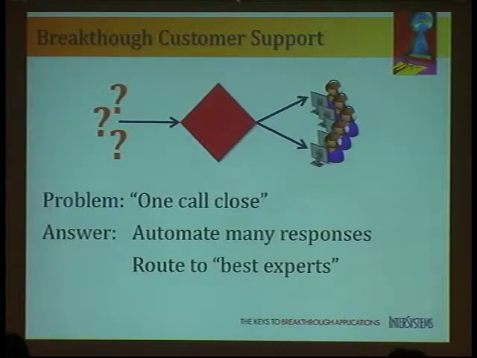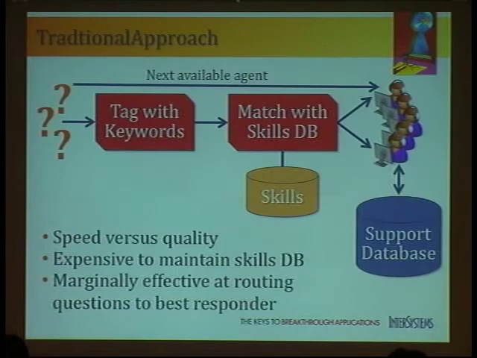You can deliver the most likely answer automatically. And when you do need to involve an agent, how do you ensure that the question is routed to the most appropriate agent, the person who has the best skills and is available at that time and therefore is most likely to address the user's issue most quickly?